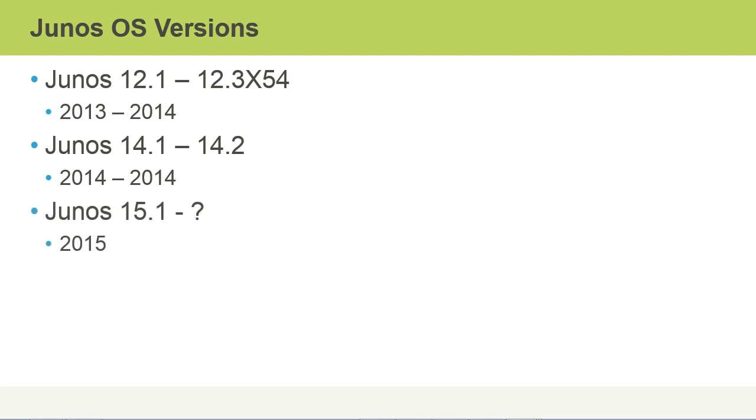And then finally in 2015, Junos OS 15.1 to, we'll have to see where that ends up. Those are quite a few versions within this operating system, and it shows that it is something that has been built over time and has been around for quite some time. So in this video, we discussed Junos OS versions.